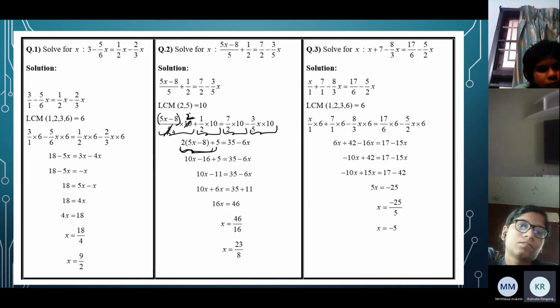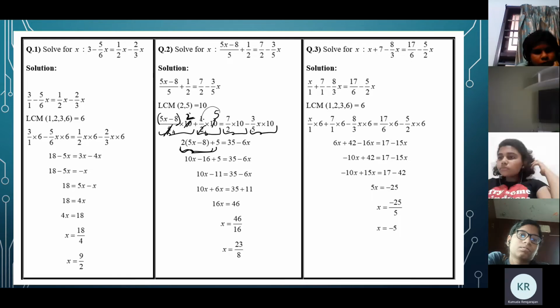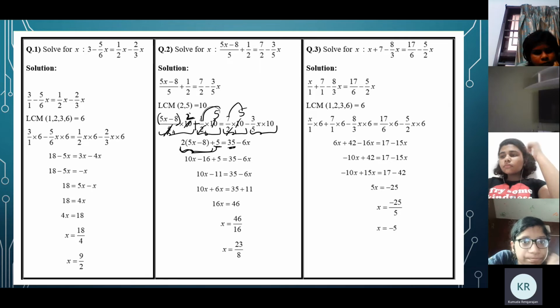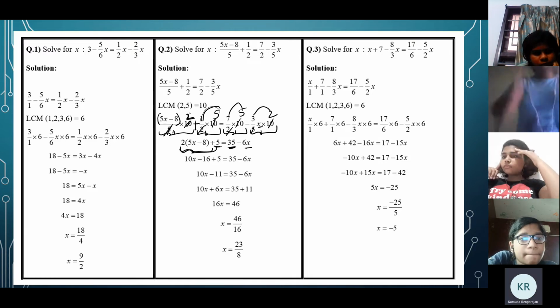Now here 2 ones are 2, 2 fives are 10. 5 into 1 is 5. You can see a plus 5, this plus sign, plus 5 into 1 is 5. 2 ones are 2, 2 fives are 10, and 7 fives are 35. 5 ones are 5, 5 twos are 10. 2 into 3, 6, 6x.